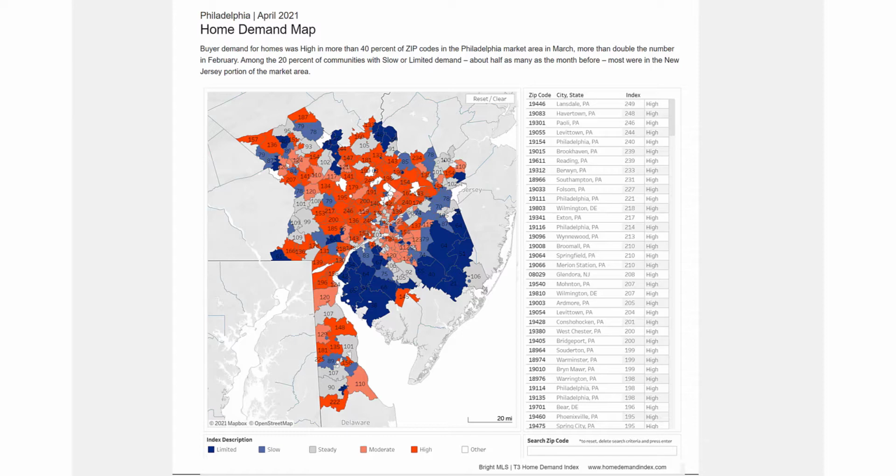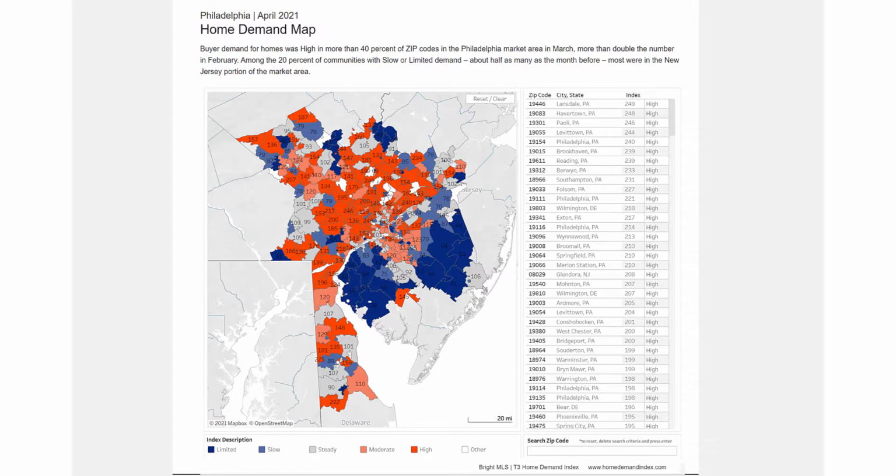This is a great illustration if you're working with a seller who also plans on buying. So in terms of strategy, where does their current home fall versus an area that they'd like to move into if they're changing geographies? If they're maybe in a slow or limited zip code where they're selling and planning to move to a higher demand area where they may have a tougher time getting an offer in, potentially they may want to secure the new property first.